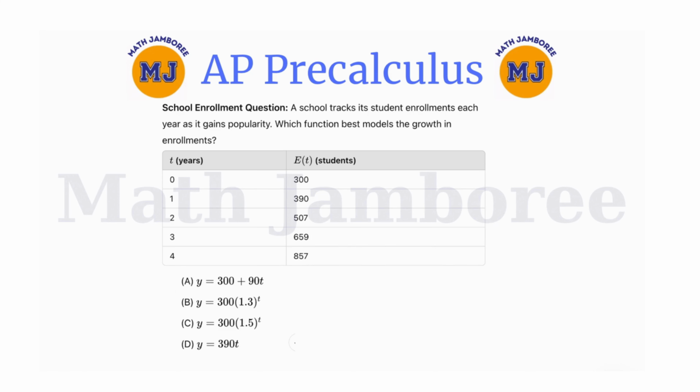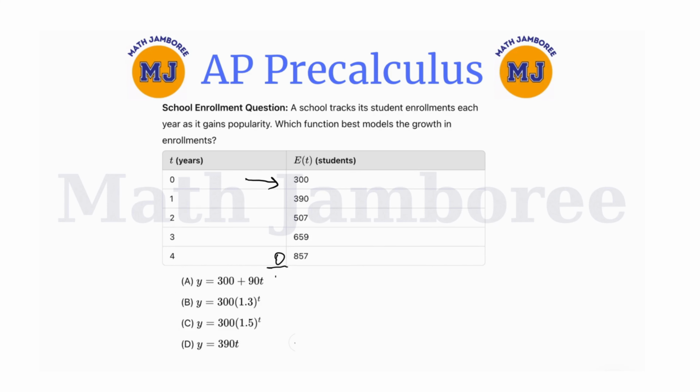To solve this kind of question, the best strategy you can employ is just substituting the values into the given choices. So the first value is 0, so we will substitute 0 for T. When I substitute 0 for T, I'm supposed to get 300. In choice A, do I get that?